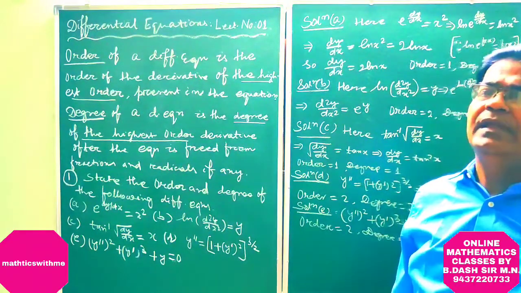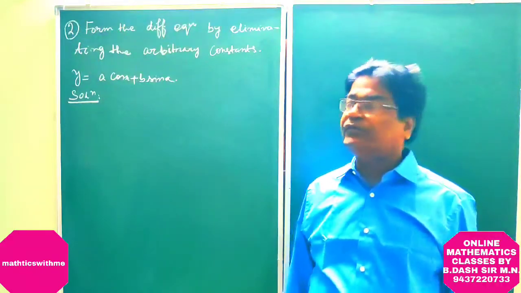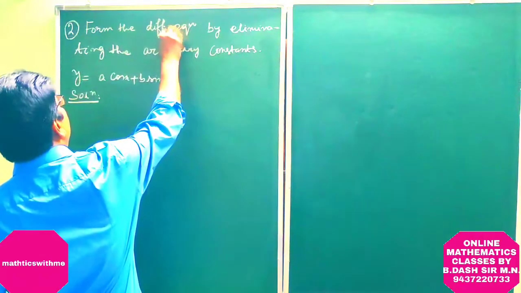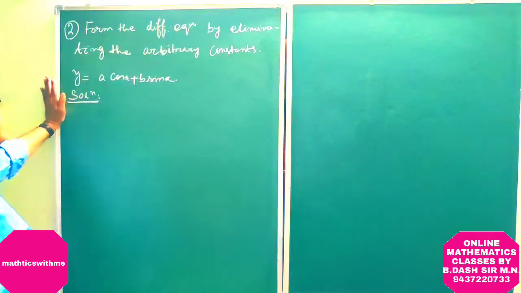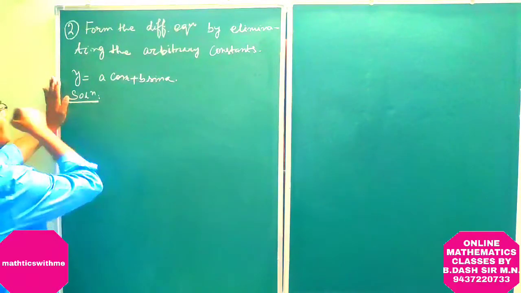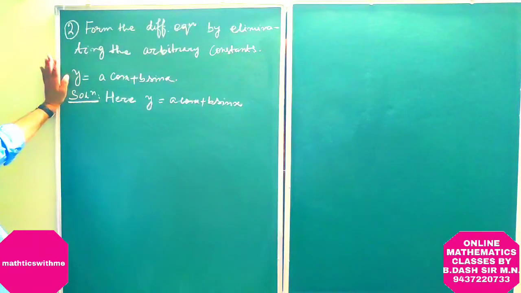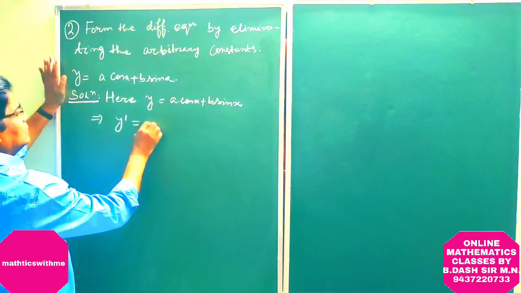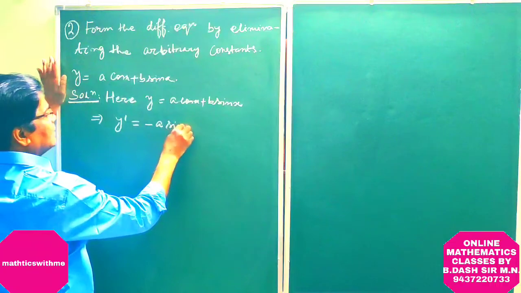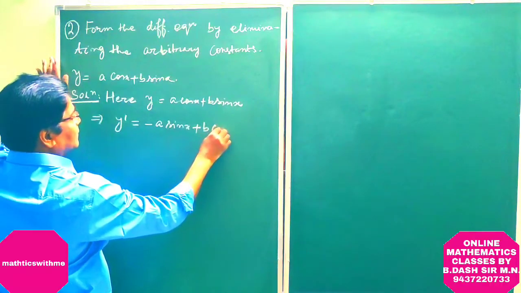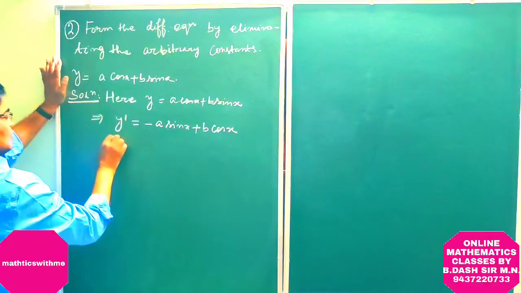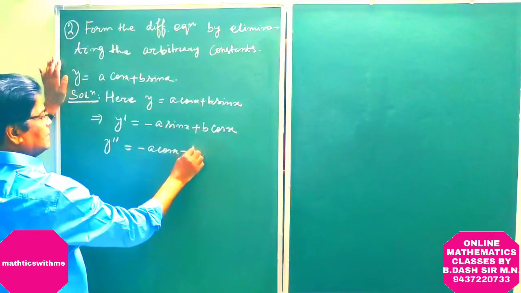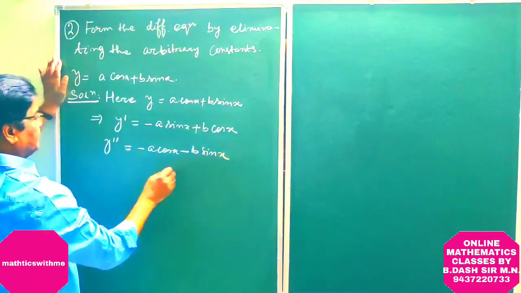Let us proceed to solve the next question. Our next question is: form the differential equation by eliminating the arbitrary constants, y is equal to a cos x plus b sin x. Here y is equal to a cos x plus b sin x, y dash is equal to minus a sin x plus b cos x, y double dash is equal to minus a cos x minus b sin x.